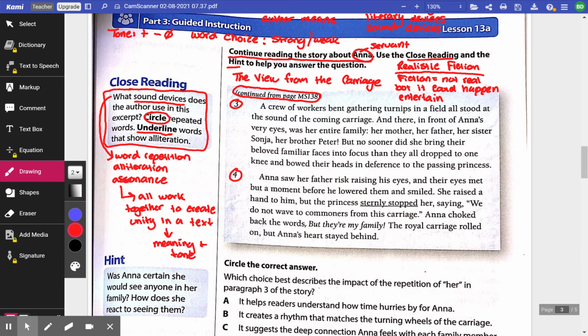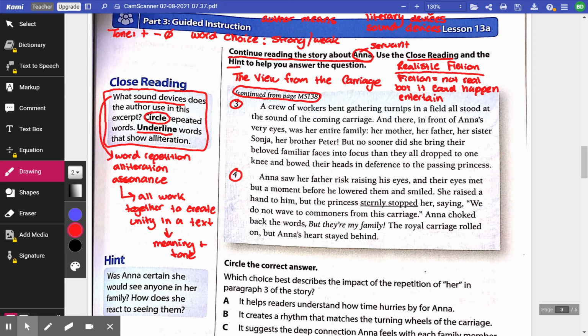All right, guys, so I'm assuming that you are back because you have found some examples for us for word repetition and alliteration. So let's go through paragraph 3 and 4 and see what we found. Let's do our word repetition first. I found a good example of word repetition in paragraph 3, with this repeating word "her."